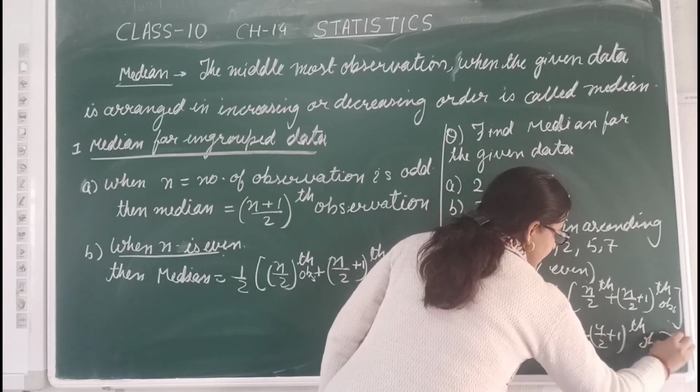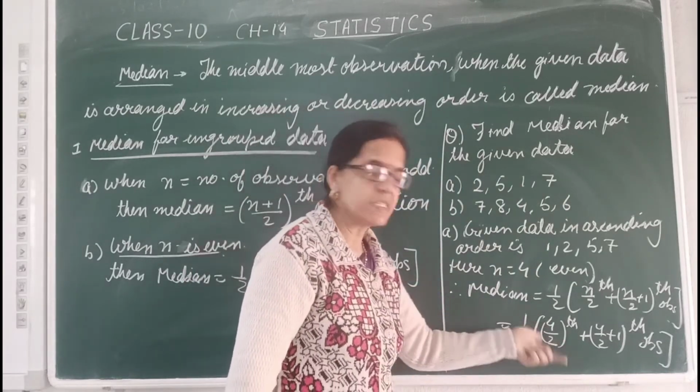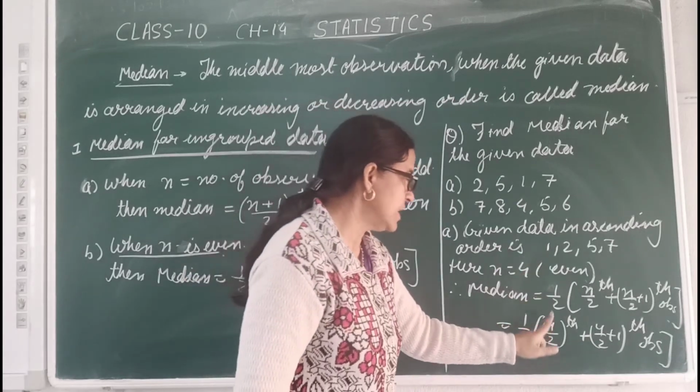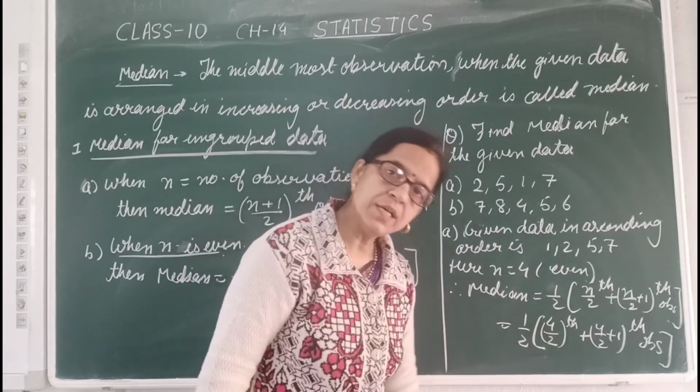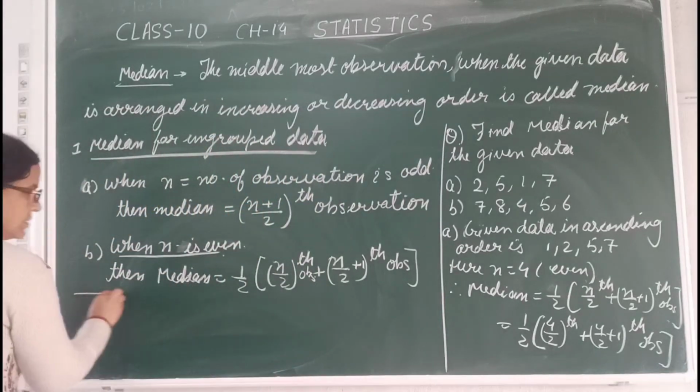Keep in mind children, again and again I am writing th and observation. Don't take 4 by 2, that is 2, plus 3 by 2 as the answer. No. We will see which one is the second observation and which one is the third observation. So I am continuing the solution.